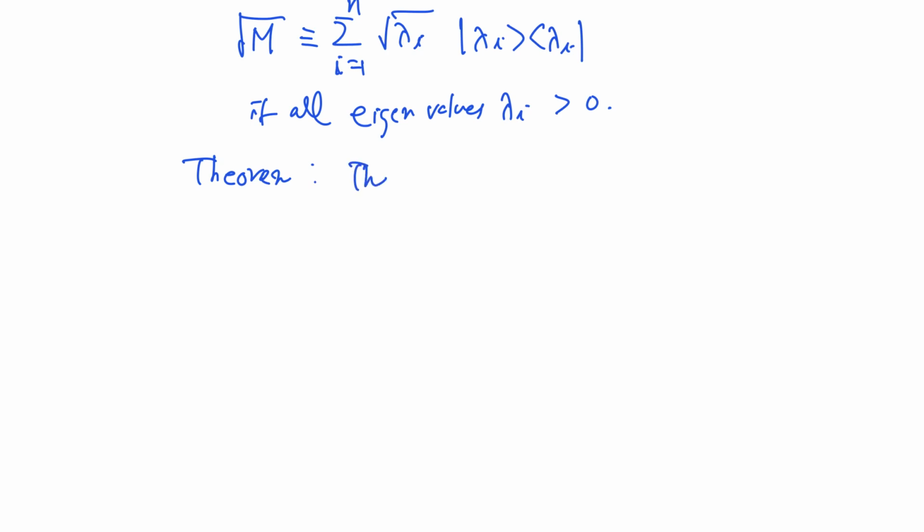Then A is U square root of M. It's called the polar decomposition.